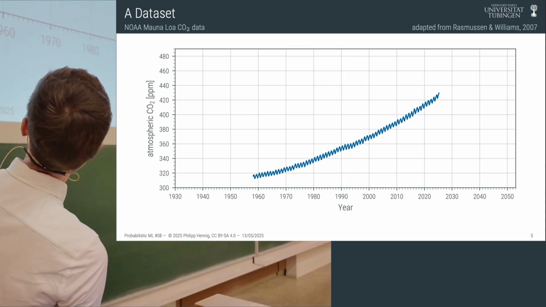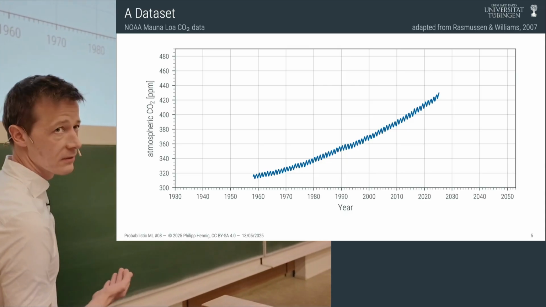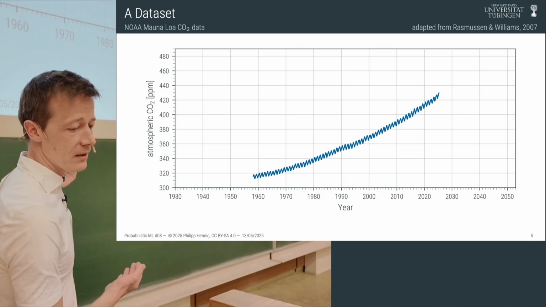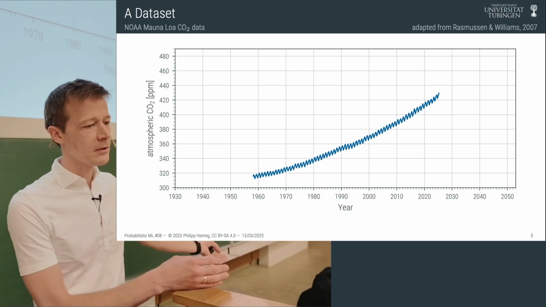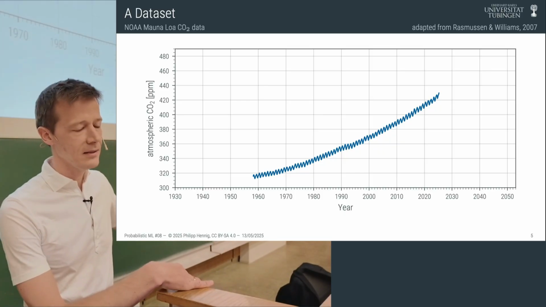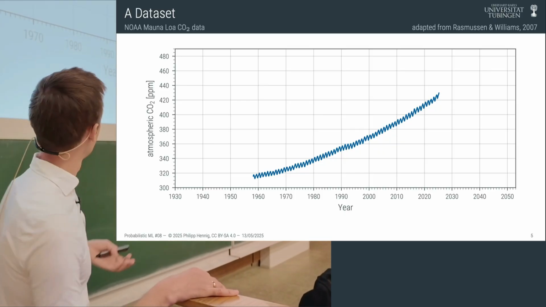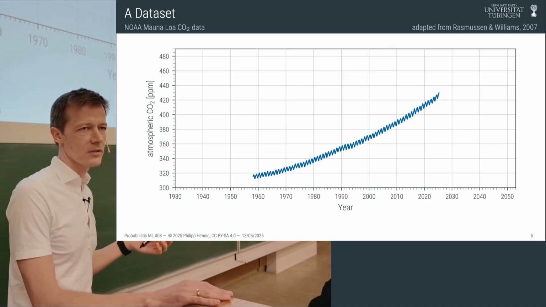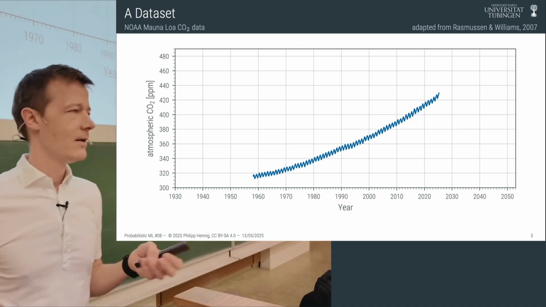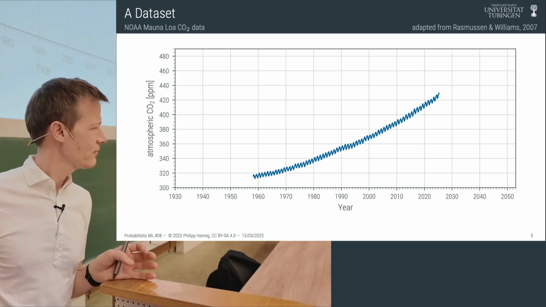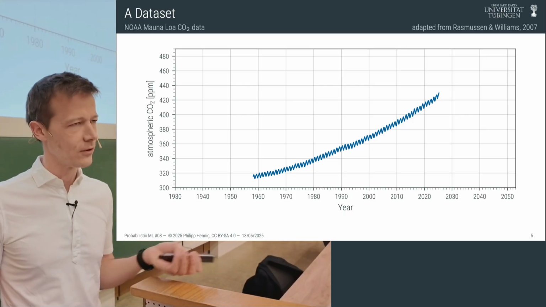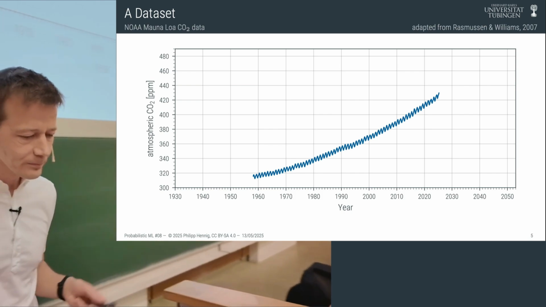It's the amount of CO2 content in the atmosphere measured since 1958 on the summit of the volcano Mauna Loa in Hawaii by the National Observatory for the Atmosphere, the American agency for collecting weather and climate data.